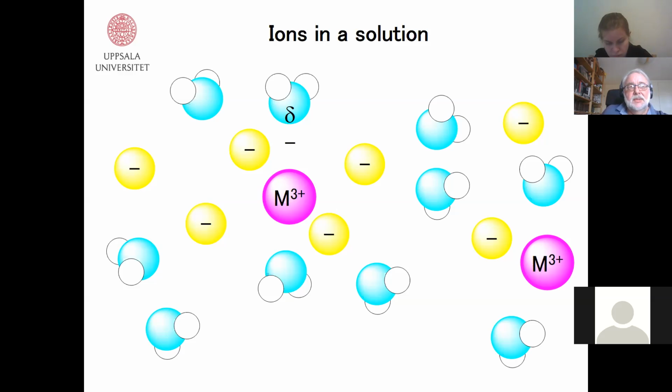Well, when I started to learn chemistry in school, we learned about the theory of electrolytic dissociation of ionic compounds, proposed by Svante Arrhenius, a chemist from Uppsala University.